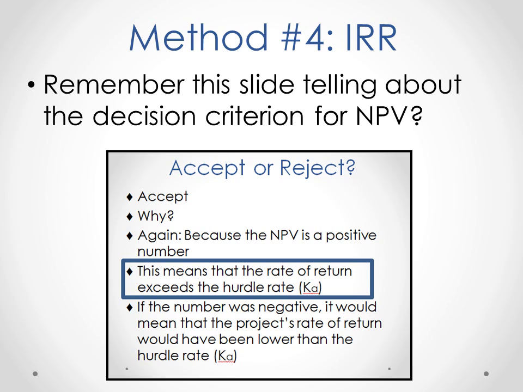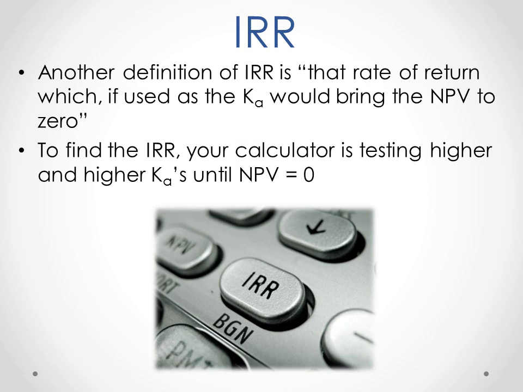And the boss goes, oh, well, that's good to know. Okay, well, what is our rate of return on this project? And you say, I don't know. All I know is that the rate of return is higher than the hurdle. So what we're going to learn now is how to calculate that internal rate of return so you don't look dumb in front of your boss. So let's go to the next slide.